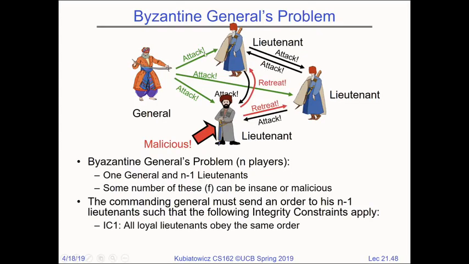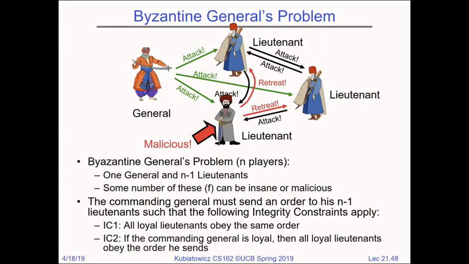So notice the general is saying attack, and the lieutenants that are loyal are all going to attack. Notice that this malicious one is saying, well, the general actually told us to retreat, so why don't you do that instead? So notice the malicious lieutenant is sending the wrong orders on to other lieutenants, okay? So the second thing is, if the commanding general is loyal and not crazy, then all of the loyal lieutenants are going to do what he asks.